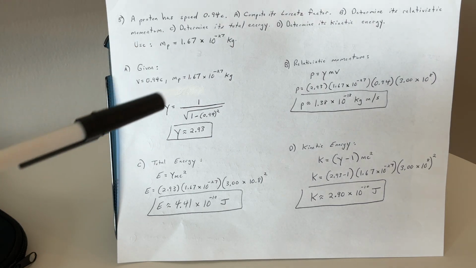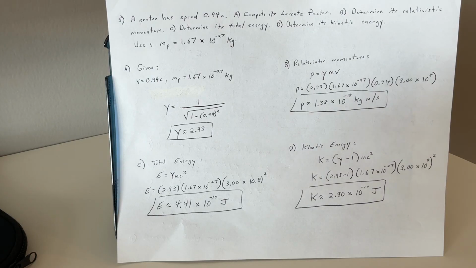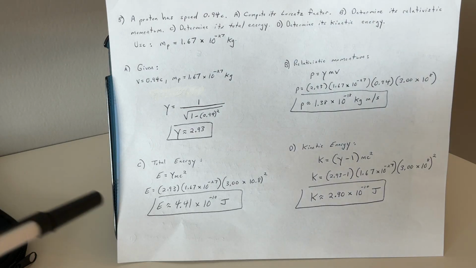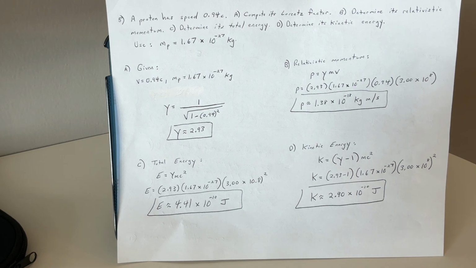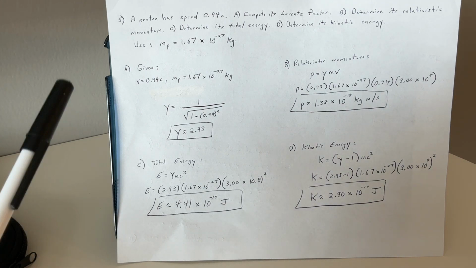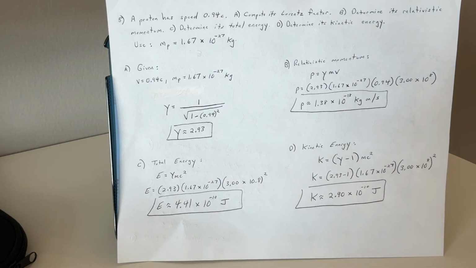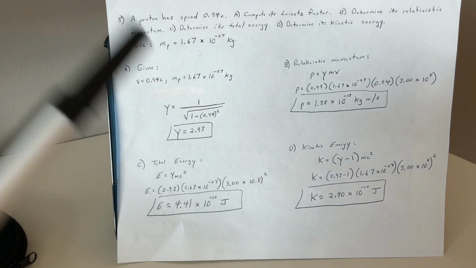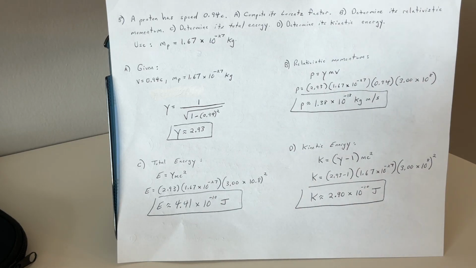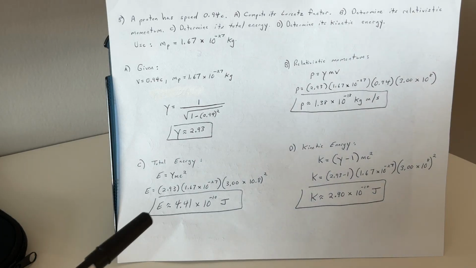And then here, total energy, we're going to use E equals Lorentz factor times mc squared. So E equals 2.93 times 1.67 times 10 to the negative 27th times 3.00 times 10 to the 8th squared. That's just going to be converting to joules.